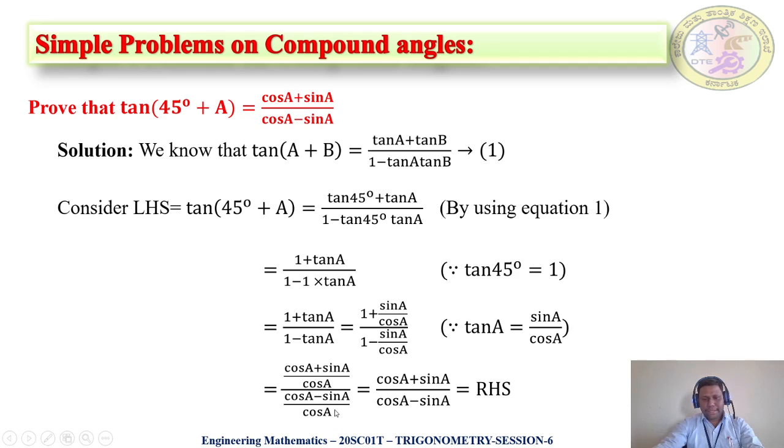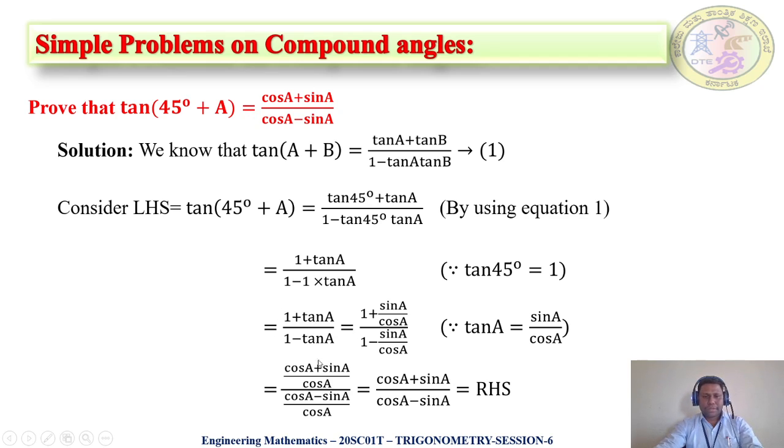Now you are observing, here also cos a is there, here also cos a is there. Both cos a and cos a get cancelled. Then finally it remains in the numerator cos a plus sin a, in the denominator cos a minus sin a, and that is the required RHS. We have done the same half part of the problem in the previous one.